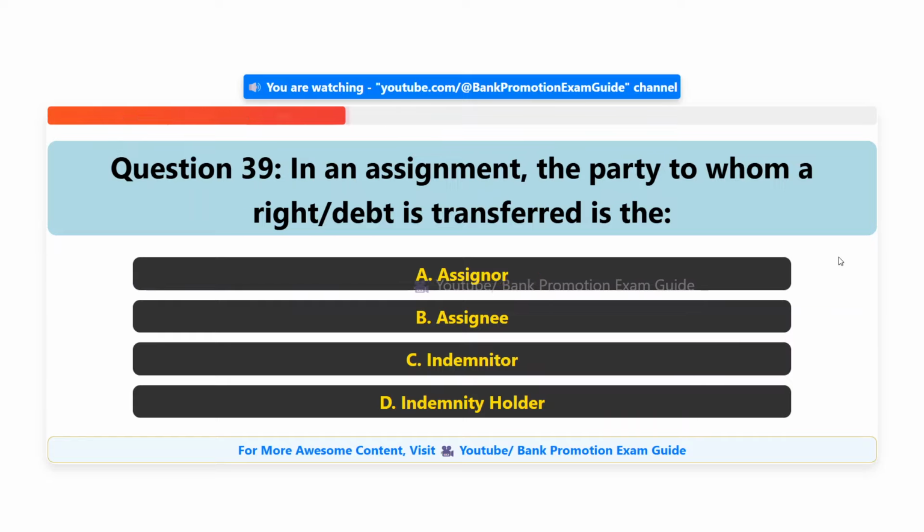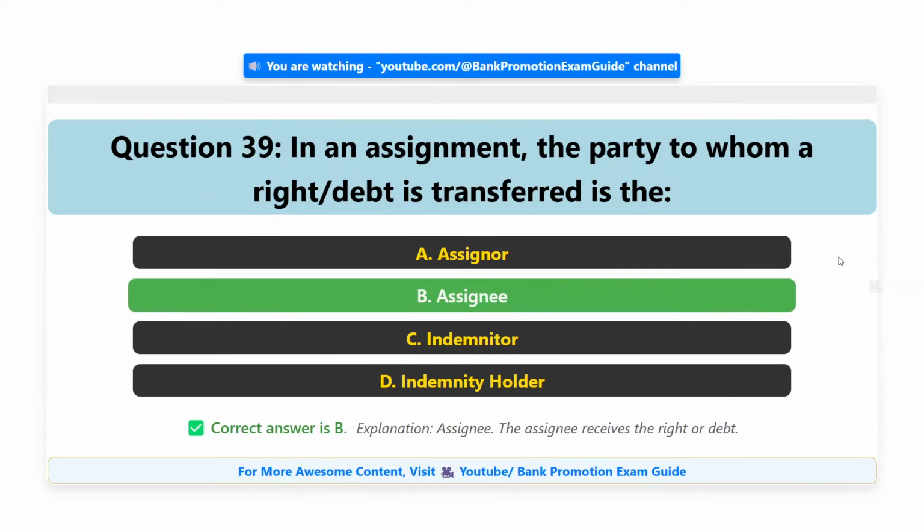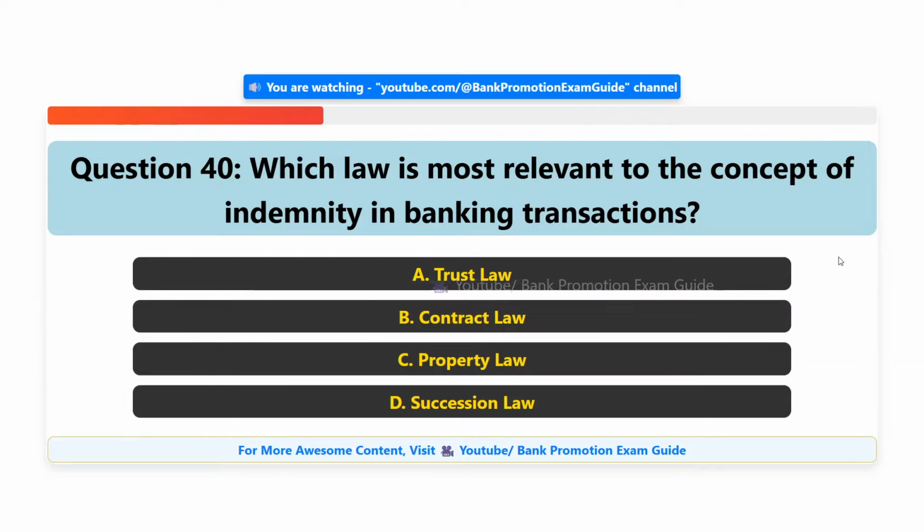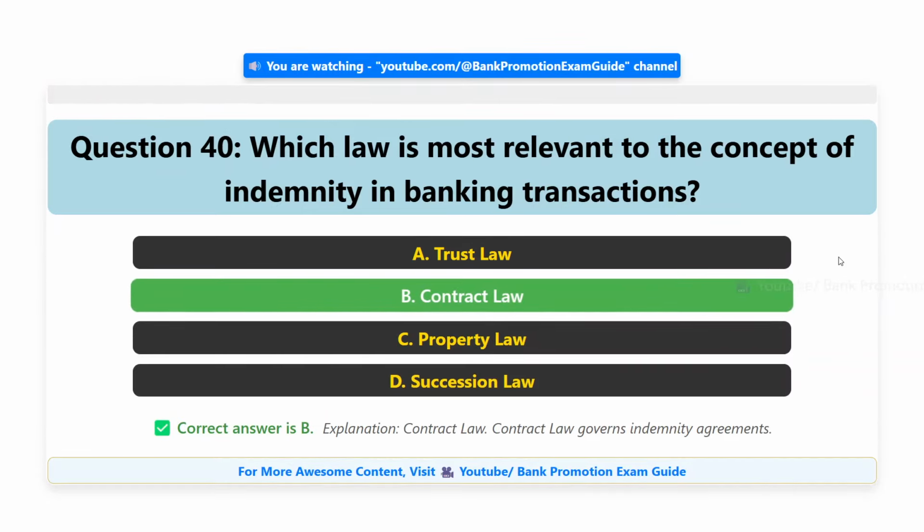Question 39. In an assignment, the party to whom a right or debt is transferred is the assignee. The assignee receives the right or debt. Question 40. Which law is most relevant to the concept of indemnity in banking transactions? Contract law. Contract law governs indemnity agreements.